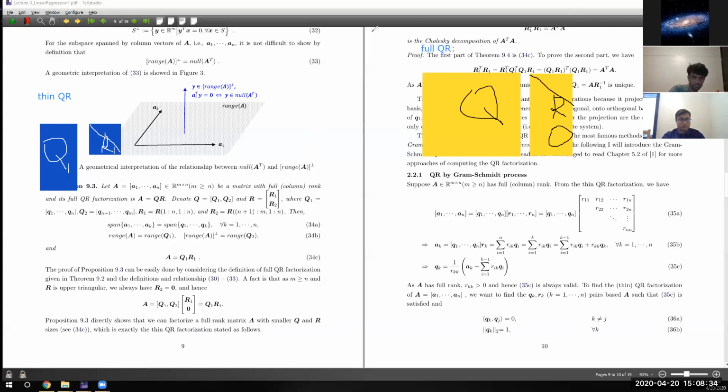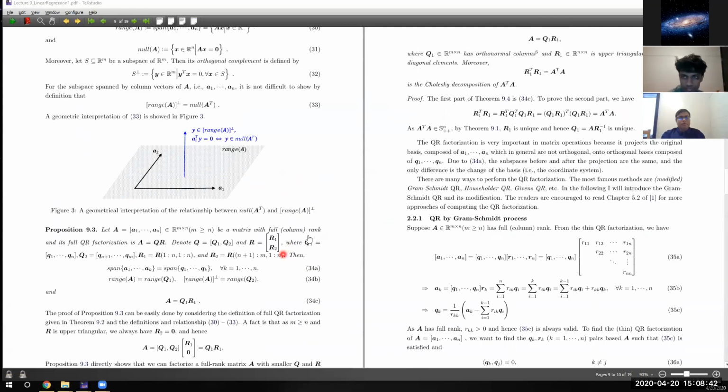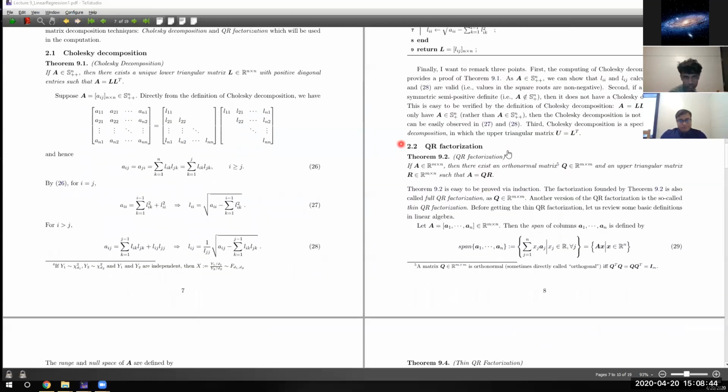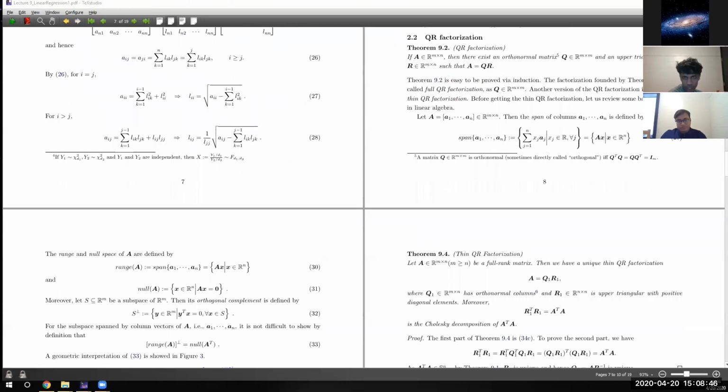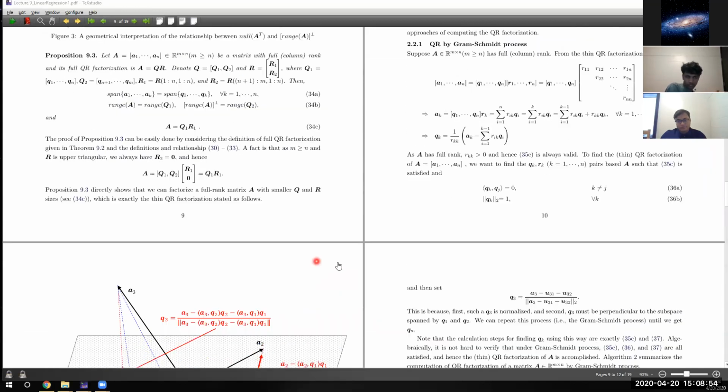So this is the full and thin version of the QR factorization, and the proof is rather simple. For the full version, you can prove it simply by Gram-Schmidt, which is itself already a QR decomposition proof.